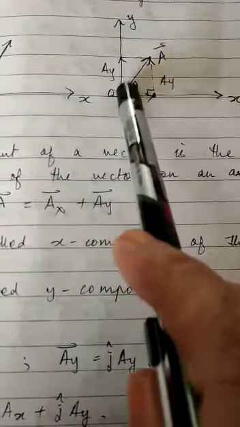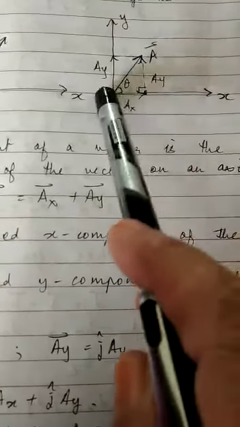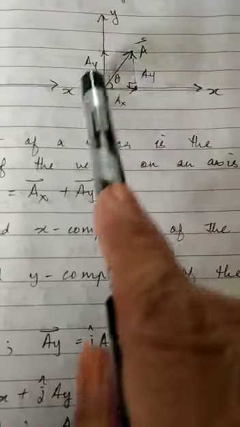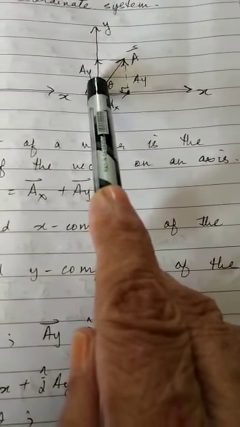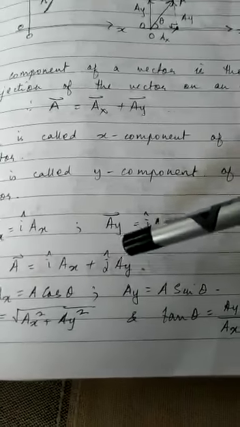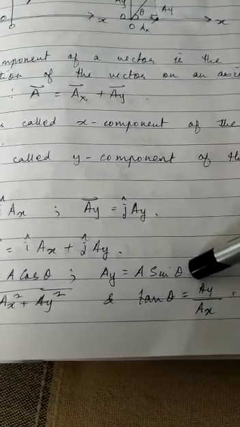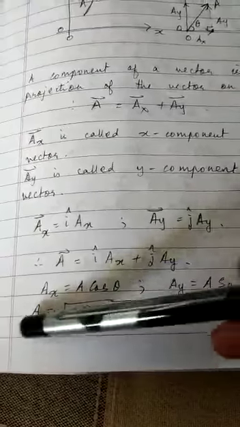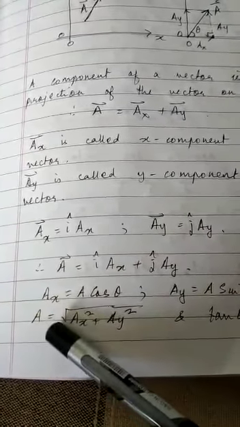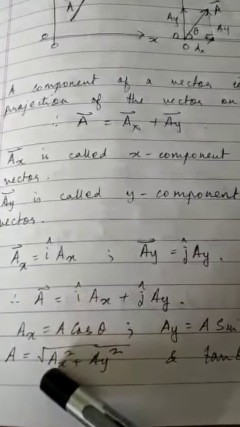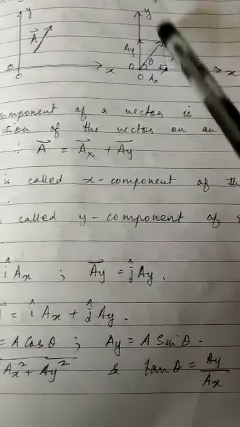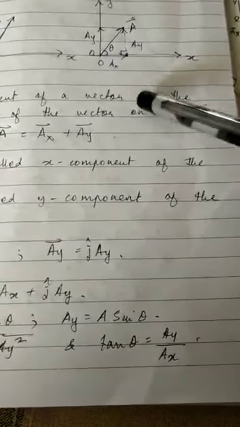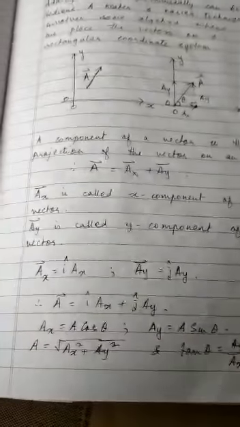Similarly, sin theta is AY upon A. This AY I can also draw along this vector translated parallel to itself, which remains unchanged. So AY is A sin theta. And A squared is equal to AX squared plus AY squared because it's a right angle triangle; these are the magnitudes. And tan theta, the direction, is AY upon AX.